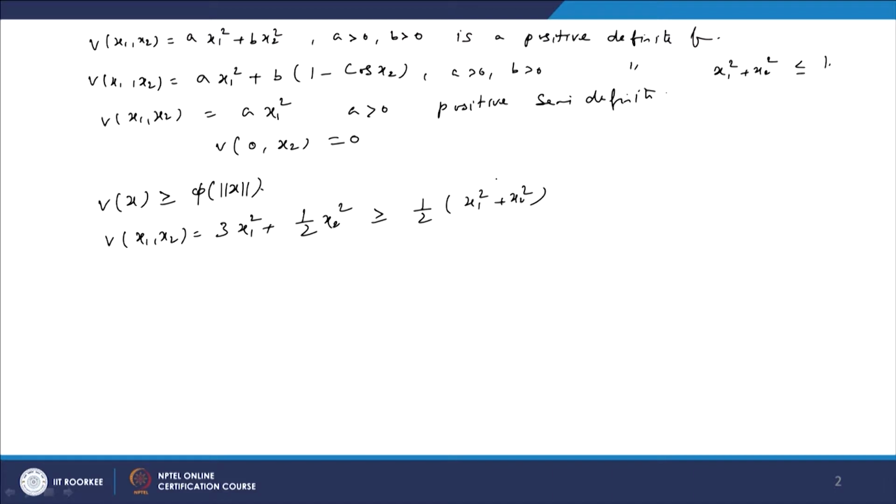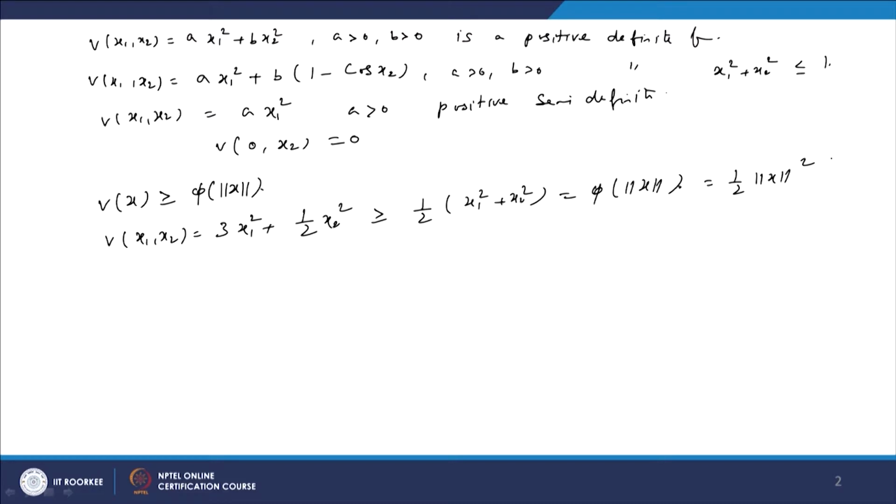So the function phi of norm of x is half times norm x square. So this is the function.